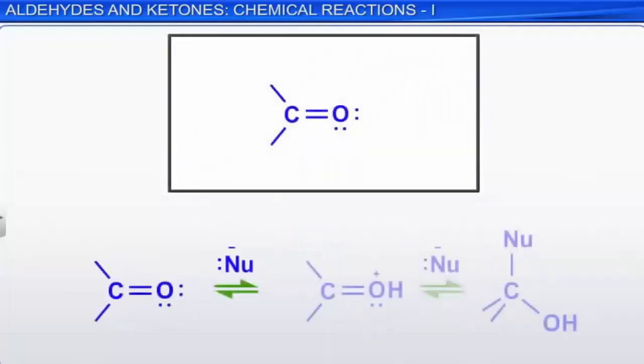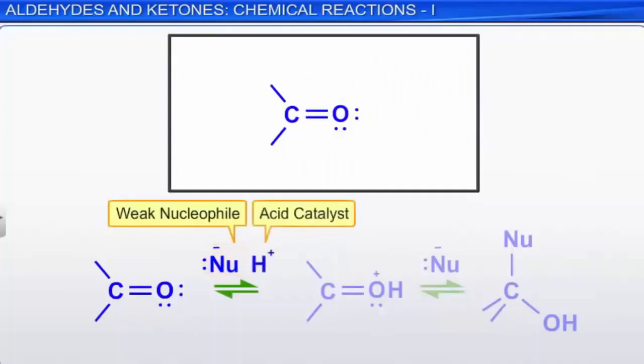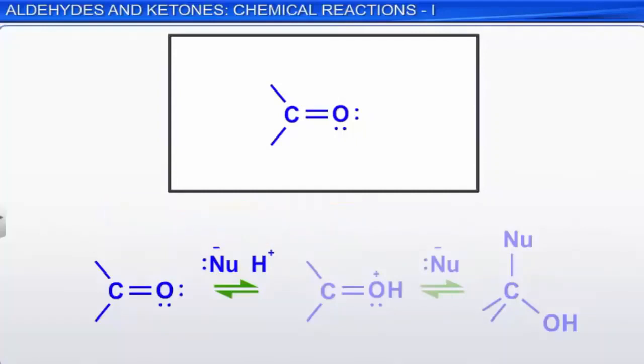However, if the nucleophile is weak, then it requires an acid catalyst to make the nucleophilic addition reaction occur at a reasonable rate. The acid protonates the carbonyl oxygen to produce an oxonium ion.